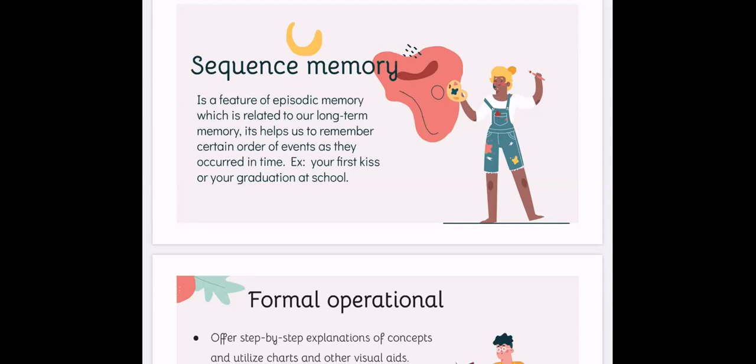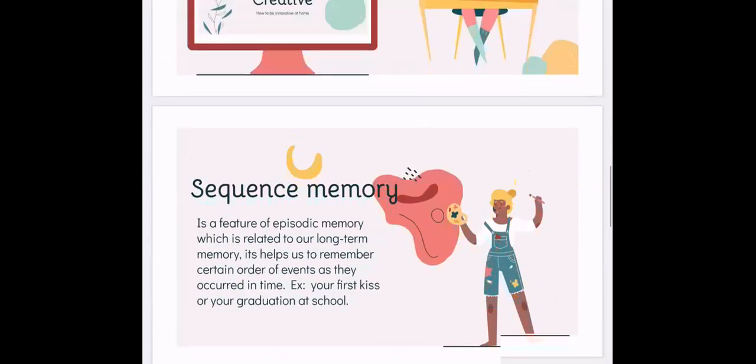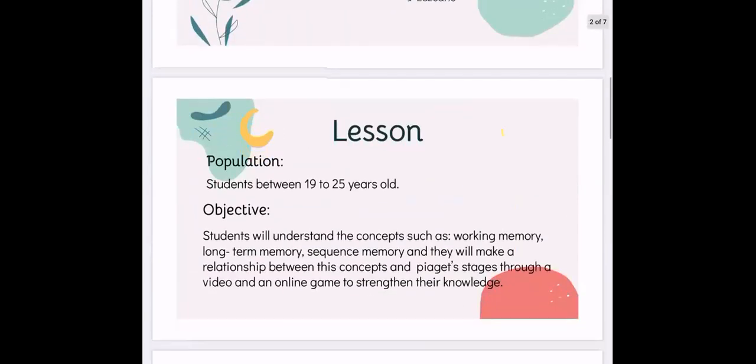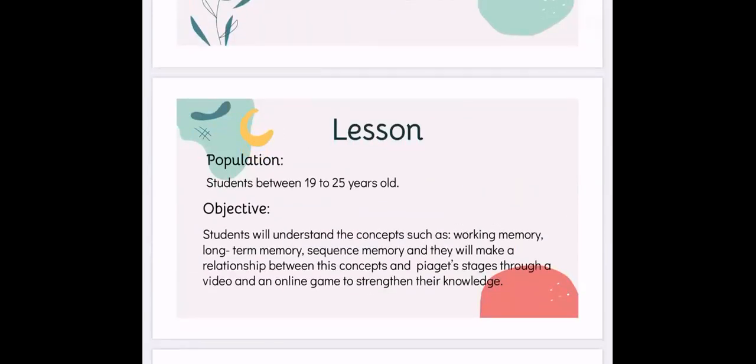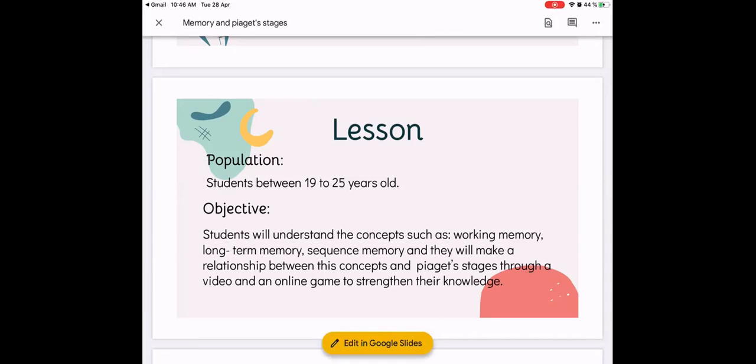In this case, it's formal operational because at this stage, the adolescent or young adult begins to think abstractly and reason about hypothetical problems. And in the video, we will say how the human being uses memory, the types of memory, and about problem solving.